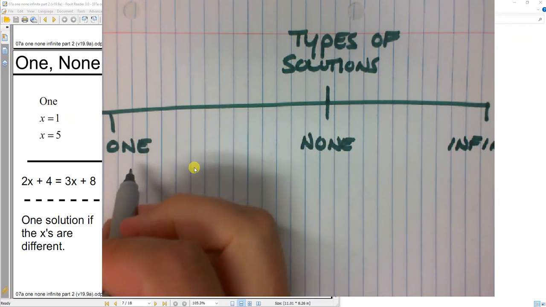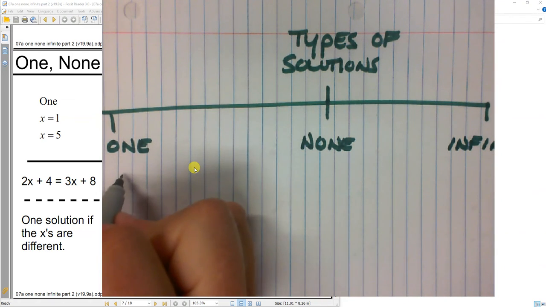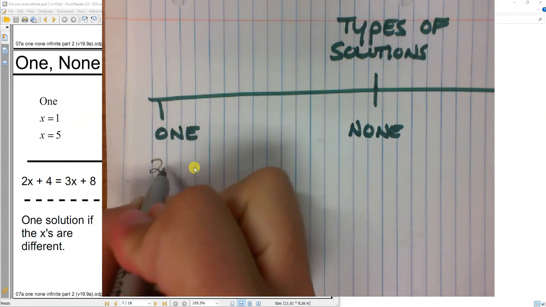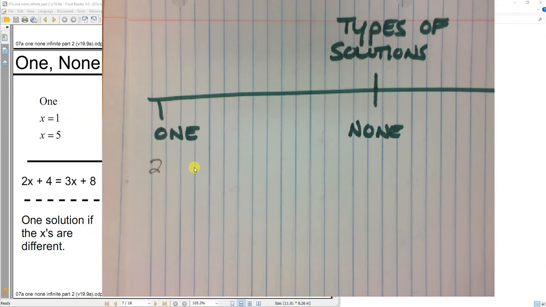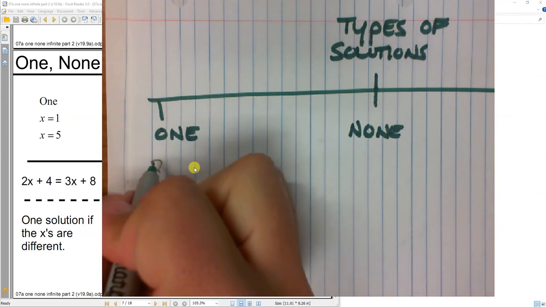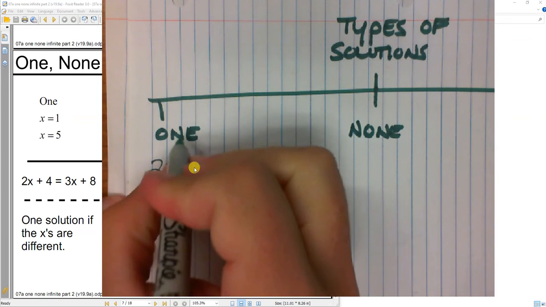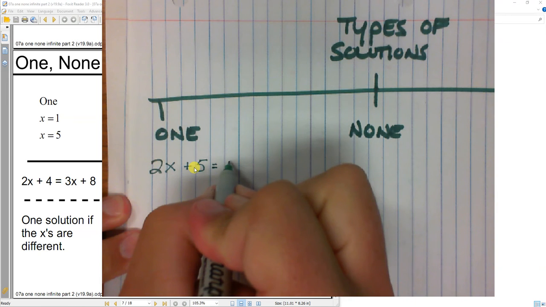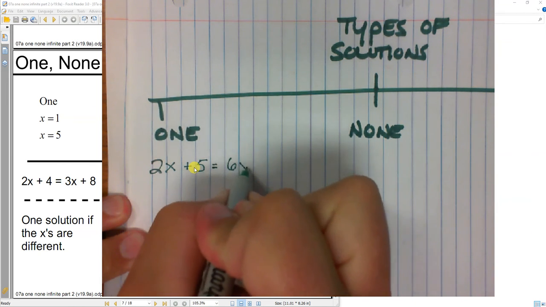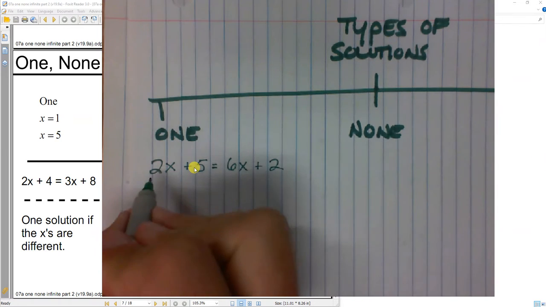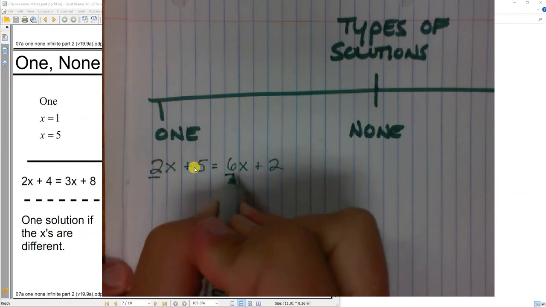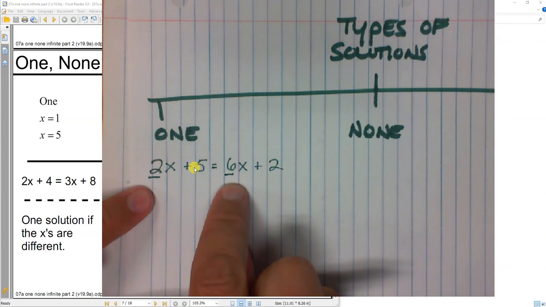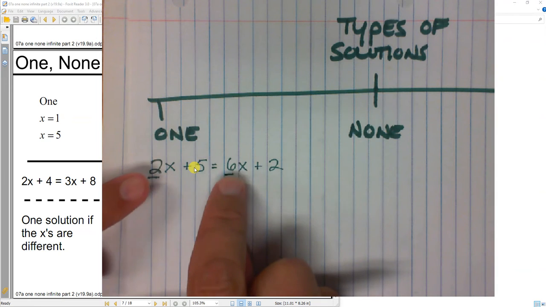And I'm going to change the language a little bit here. So for the one, if we have 2x plus 5 equals 6x plus 2, and if I just look at the coefficients in front of the x, that tells me everything I need to know right there.